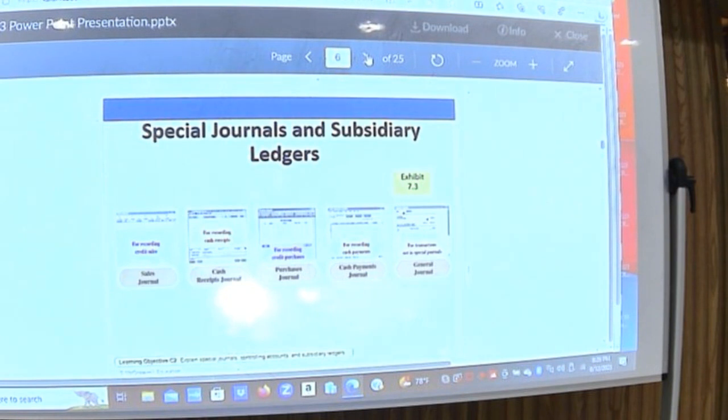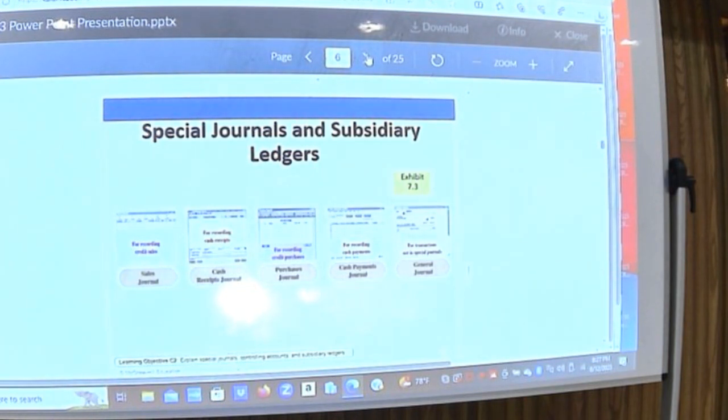Special journals and subsidiary ledgers. Okay, here are your 5 special journals. A sales journal, that is where you record a credit sale. In other words, your customer didn't give you any money, he just gave you a promise that he was going to in the future.